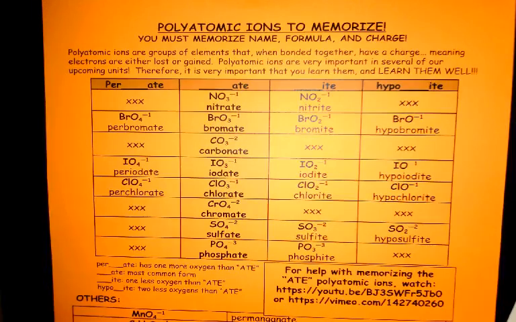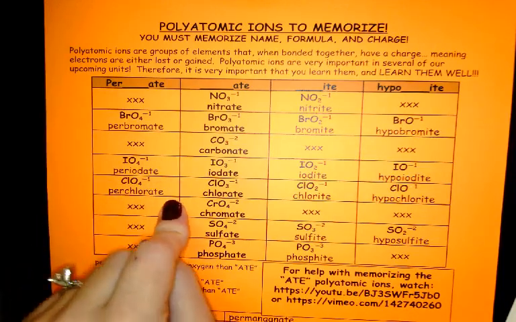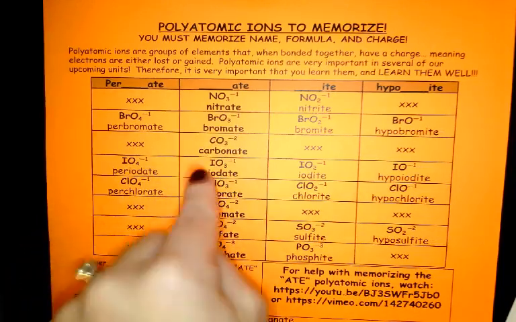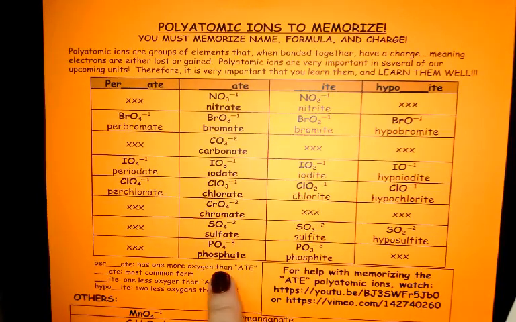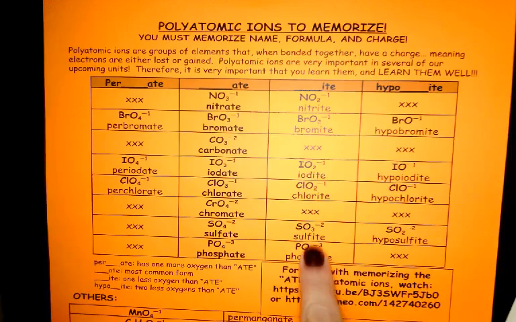At the beginning of the school year, I gave you 2 orange sheets, a little one and a big one. So here is the big sheet that I gave you. These are our polyatomic ions, okay? So you've got perbromate, periodate, perchlorate, nitrate, bromate, carbonate, iodate, chlorate, chromate, sulfate, phosphate, nitrite, bromite, iodite, chlorite, sulfite, phosphite, hypobromite, hypoiodite, hypochlorite, hyposulfite, okay?